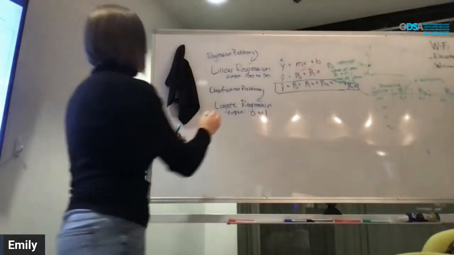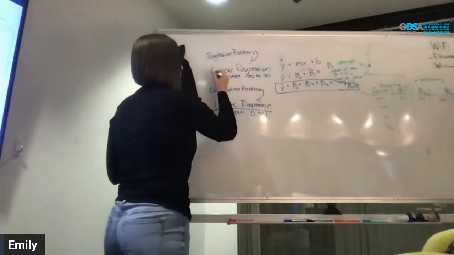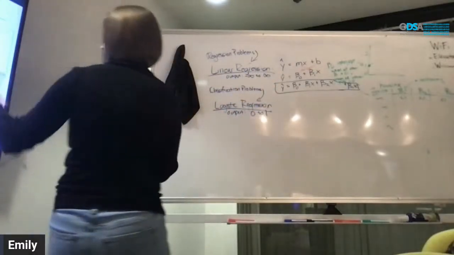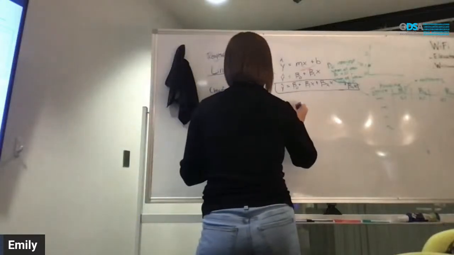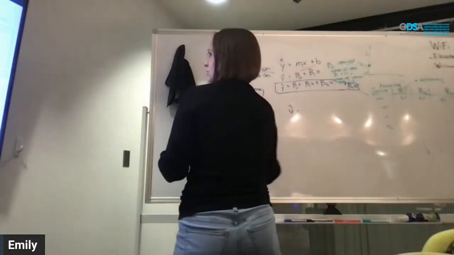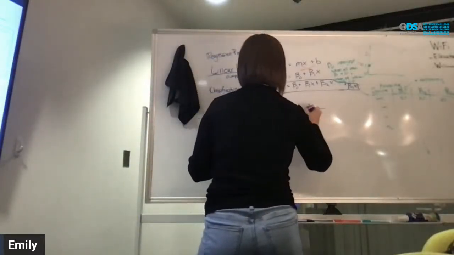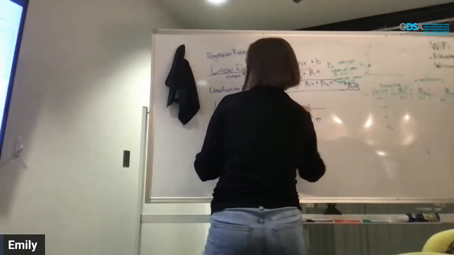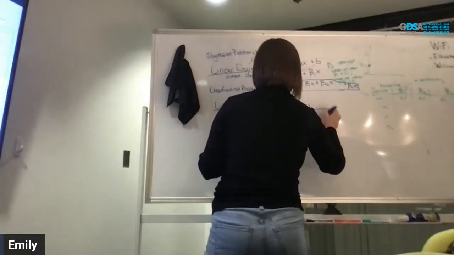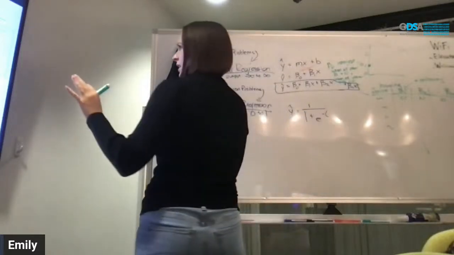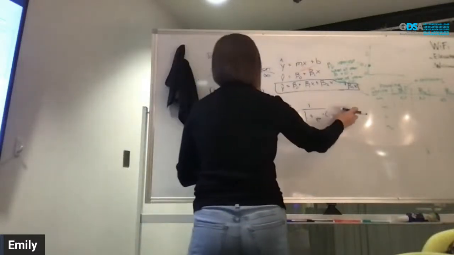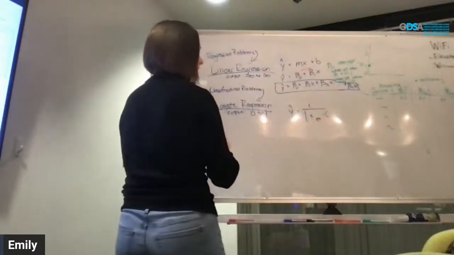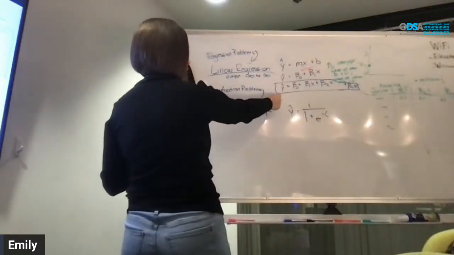So when we look at logistic regression, it's this formula, this y hat is equal to 1 over 1 plus e to the negative, and this is where it gets interesting. What you put in this actual parentheses up here is actually the linear regression formula.